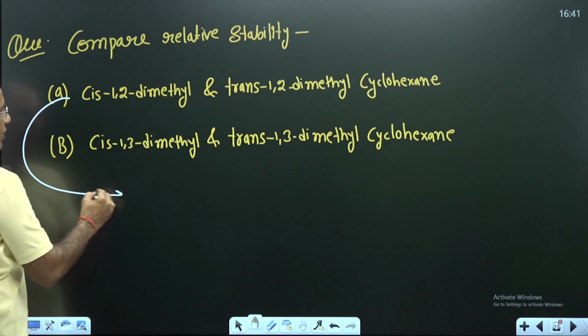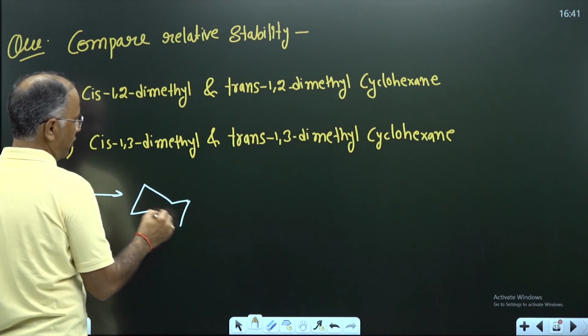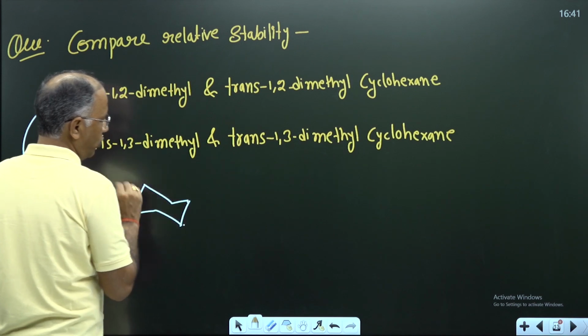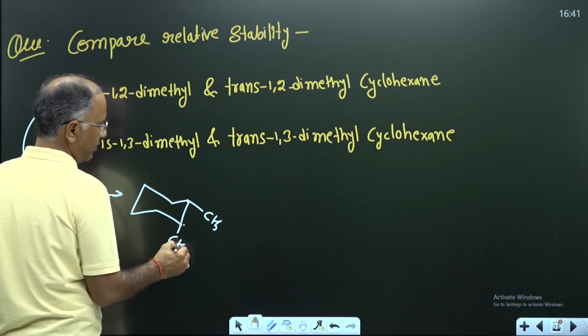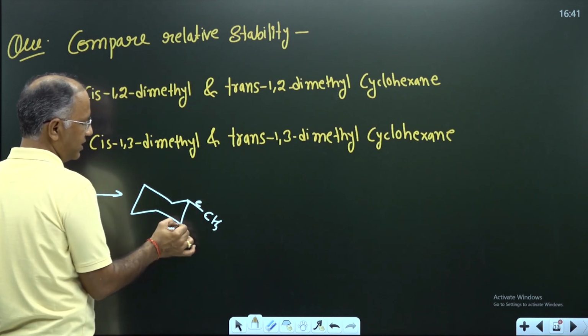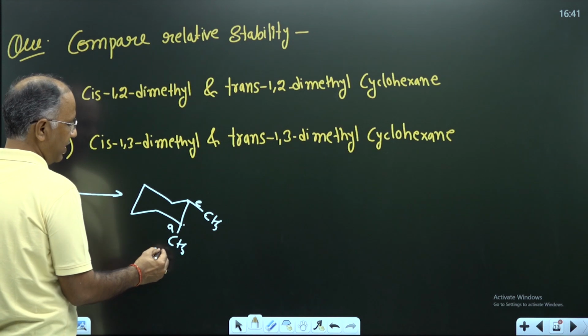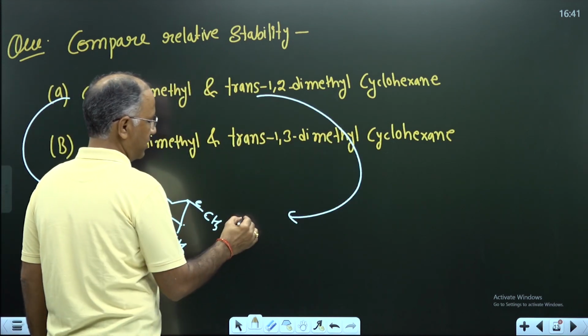First of all, you have to draw cis. Now, if I want to draw cis, there are 2 options, methyl down and down, equatorial and axial. Similarly, the methyl axial and this methyl equatorial, the same is our cis form.